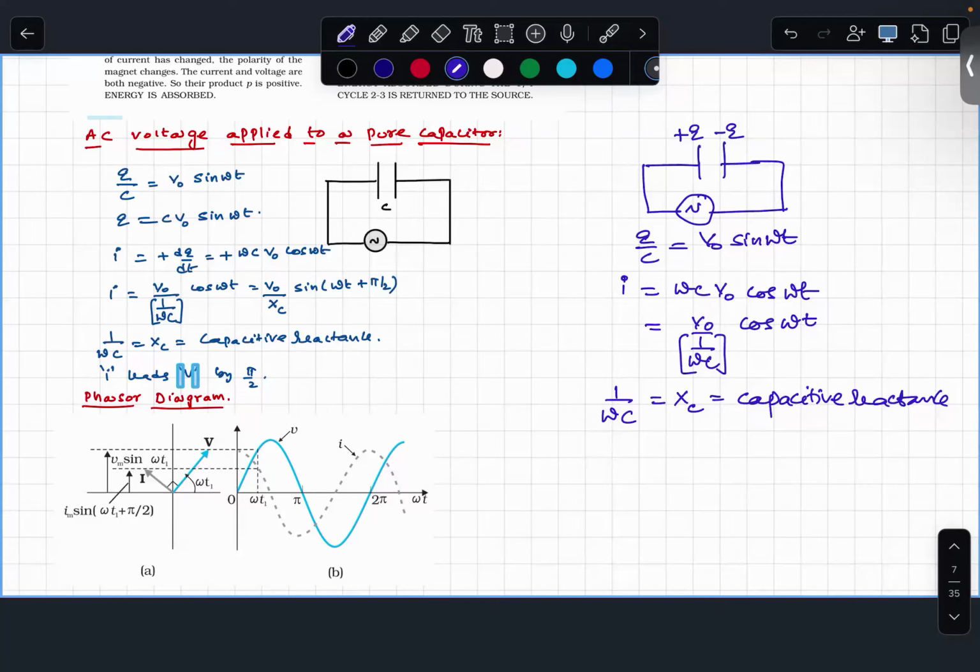The one thing that you need to notice is that inductive reactance is proportional to omega, whereas capacitive reactance is inversely proportional to omega. Got the point?